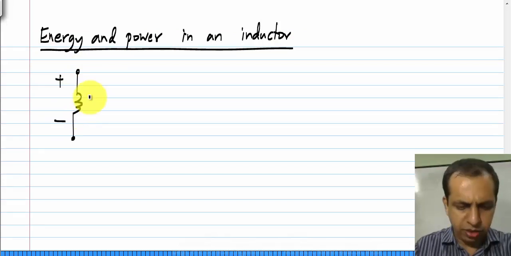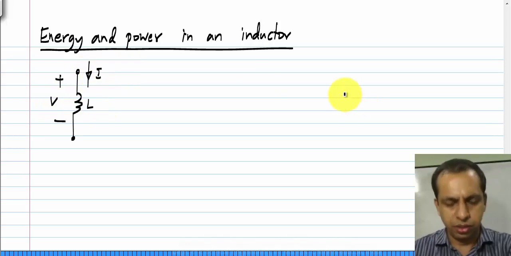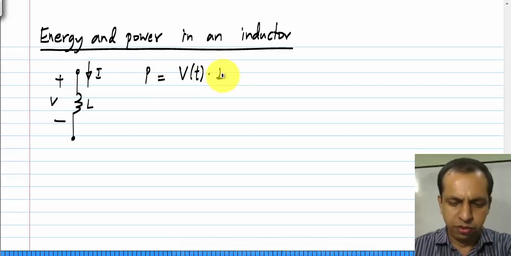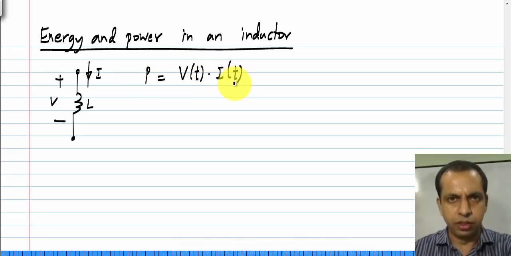We have an inductor L with a voltage V across it and a current I through it, and the power, just like it is for any two-terminal element, is the product of voltage and current.